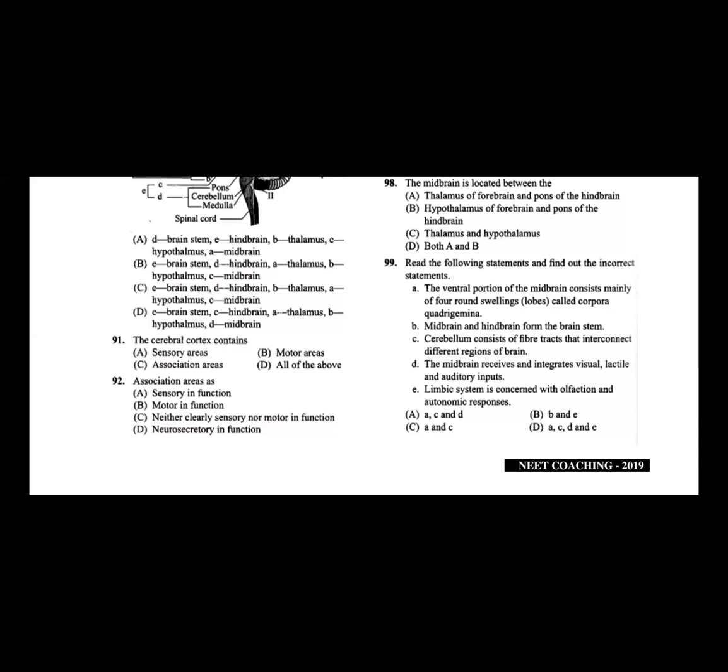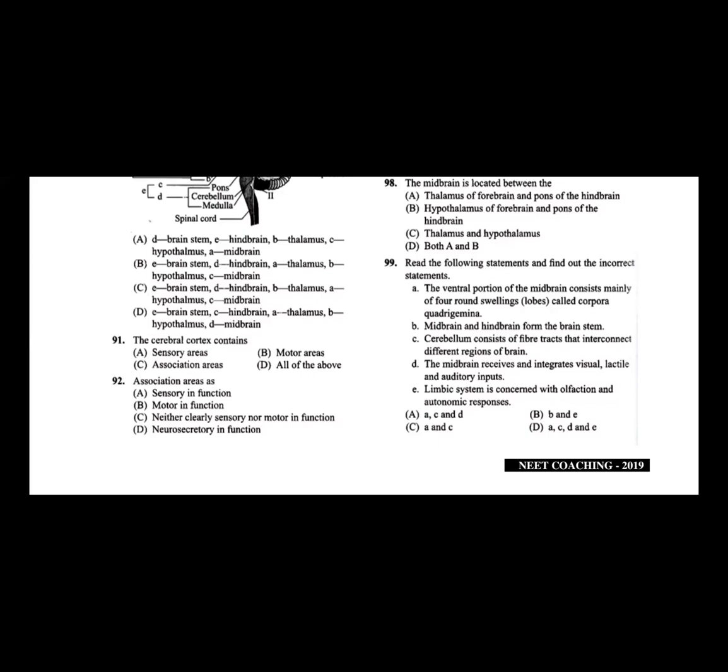Question number 92, association areas are, A, sensory in function, B, motor in function, C, neither sensory nor motor in function, D, neurosecretory in function.